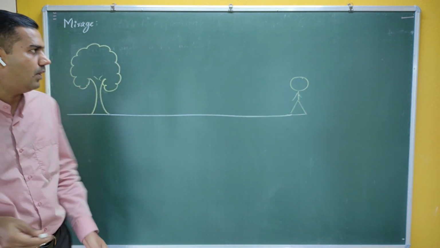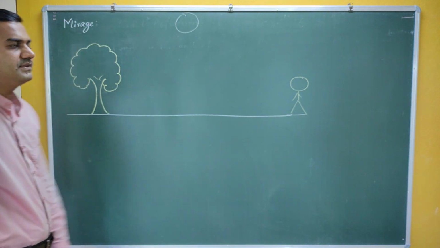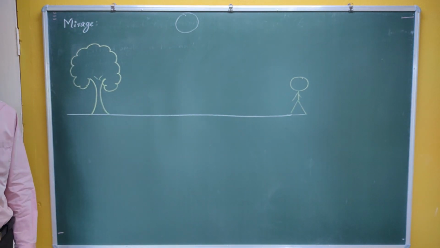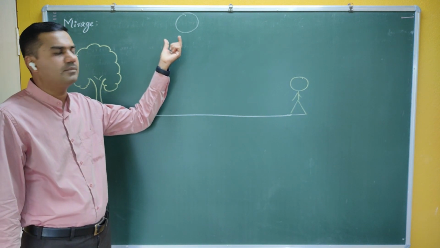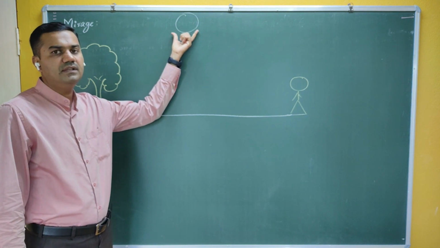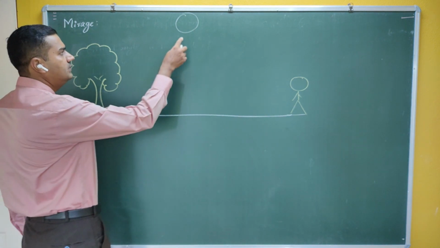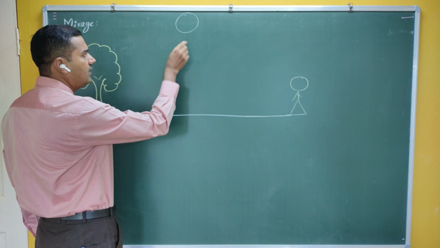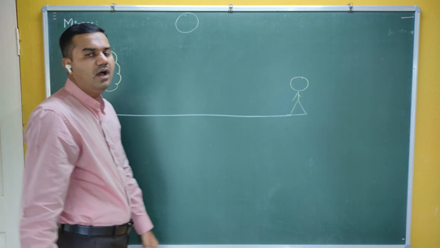Since it is summer season, what happens? In hot desert places or in the summer season, the temperature is very high. Who sends this heat, the thermal radiation? It is the sun, the primary source of light and heat. These heat radiations travel from the sun through the atmosphere and finally fall on the earth.